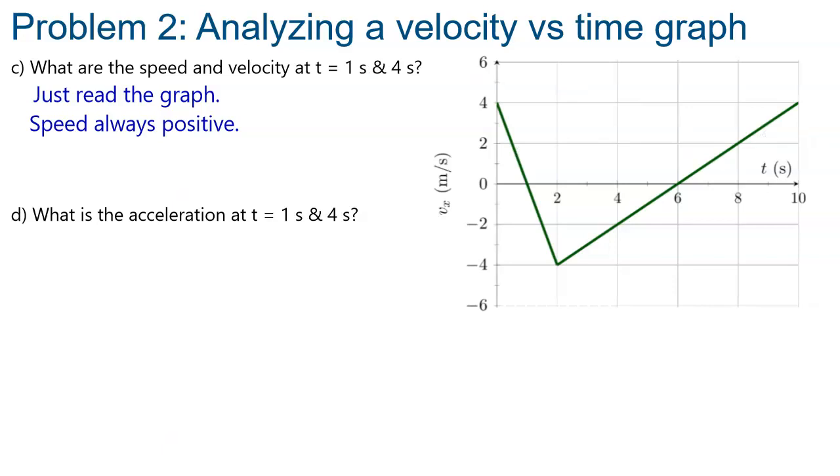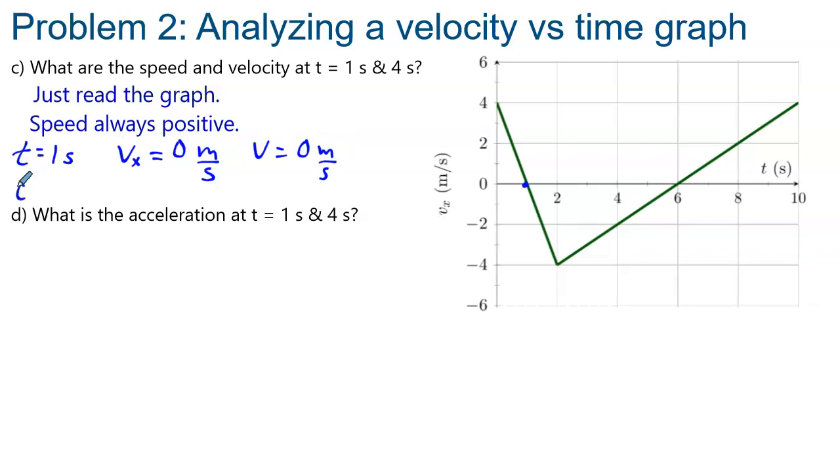So at t equal to 1 second, for the velocity Vx, we just look, and you see that it's 0 meters per second. We are looking at this point here, and the speed at that moment is also equal to 0 meters per second.